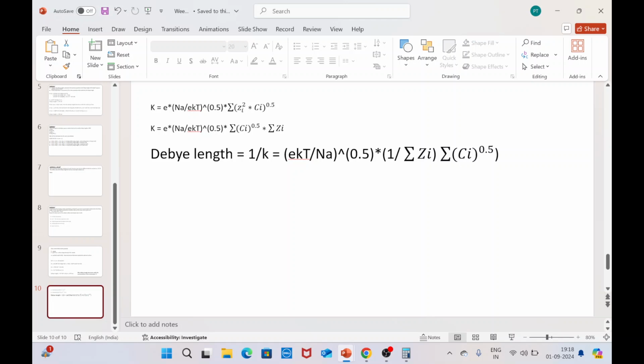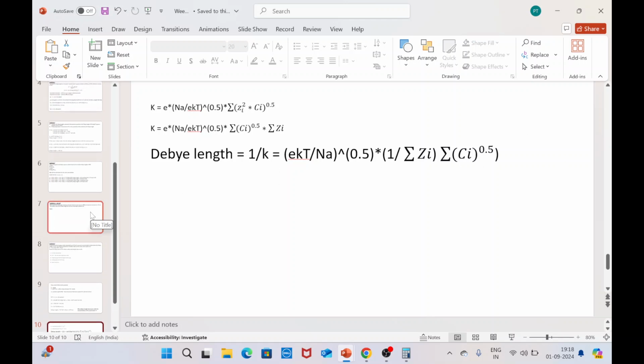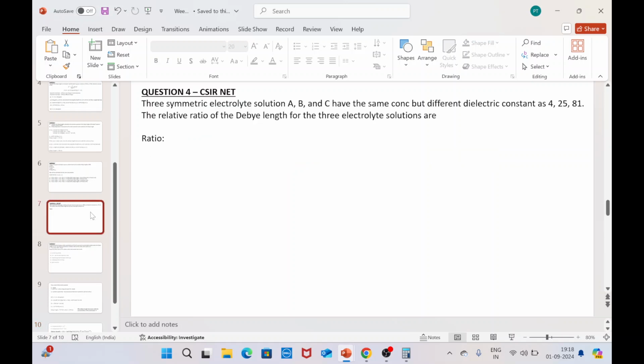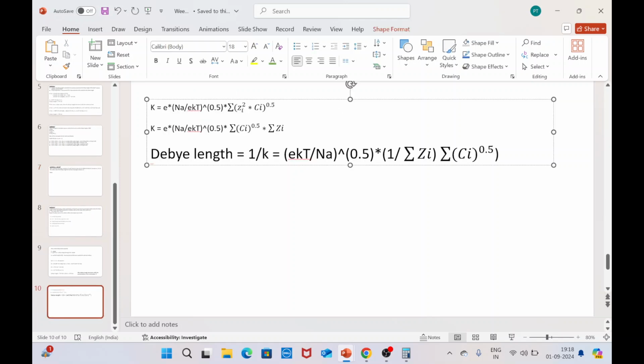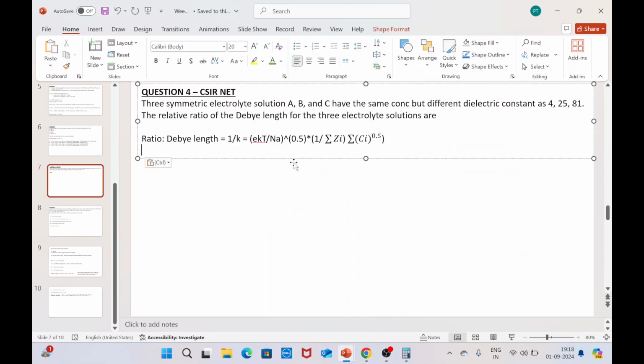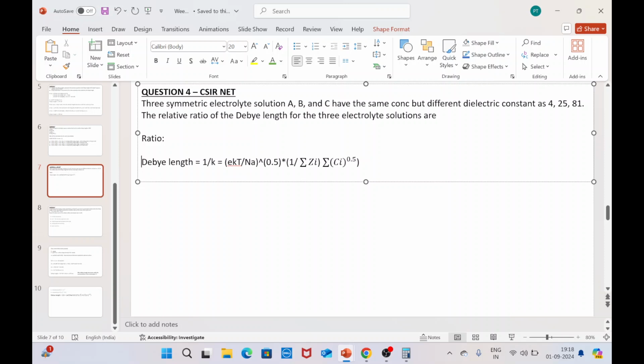You can use this expression and tell what could be the ratio. I'll just copy paste this equation there. So your epsilon, or you can say dielectric constant times epsilon naught, whole power 0.5. So what is the ratio? It's directly proportional. I guess I've given the answer now.